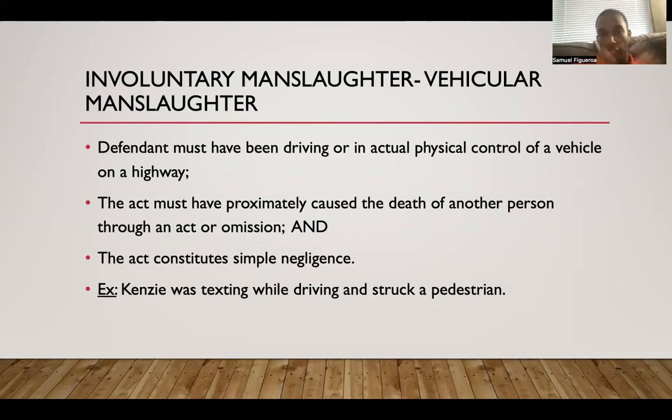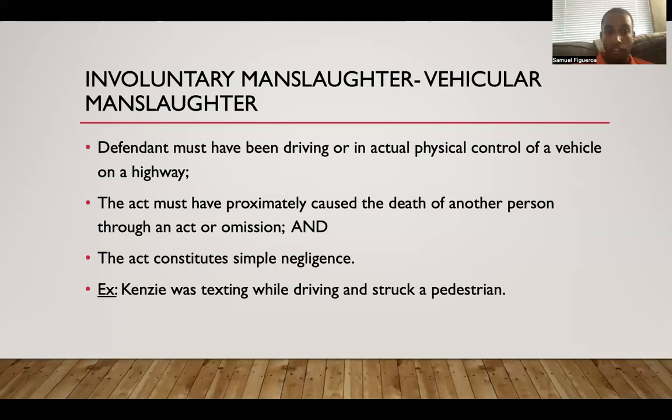So again, as you all know, with involuntary manslaughter in general, criminal negligence is a key thing that will lead to a defendant being liable for this crime. But in this situation with vehicular manslaughter, the defendant must have been negligent while driving, and the defendant must have been actually driving his or her vehicle and be in physical control of it. And the act of driving negligently on the road must be a direct and foreseeable consequence of the person's death.